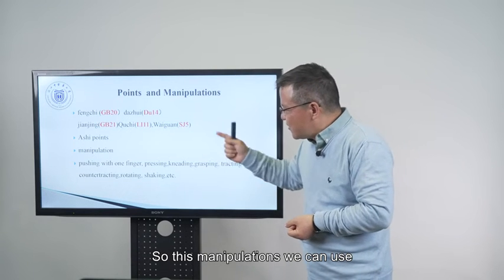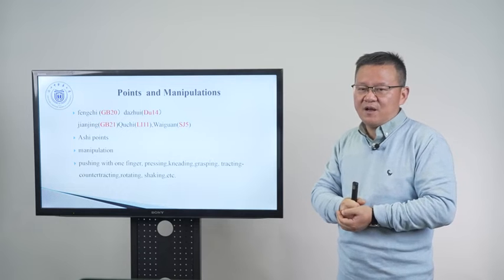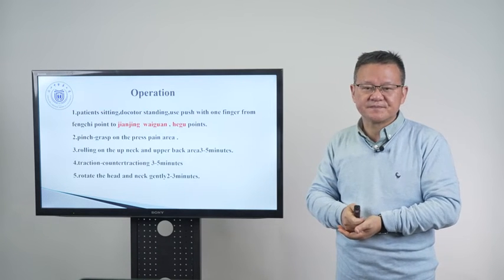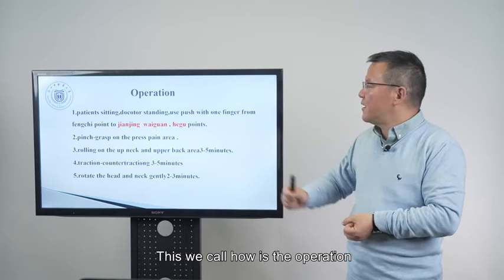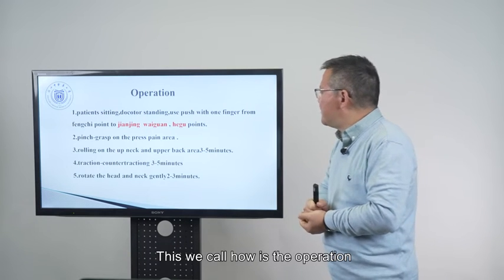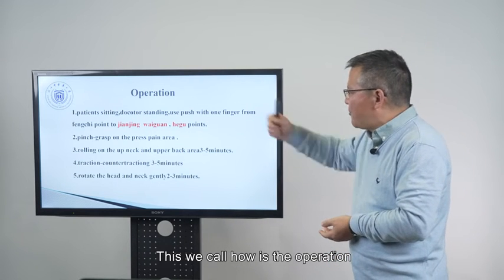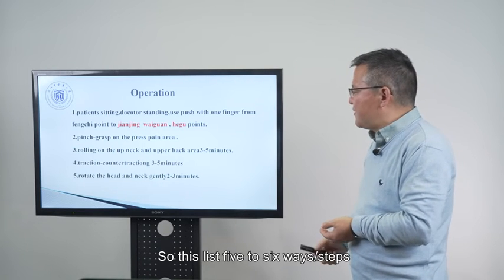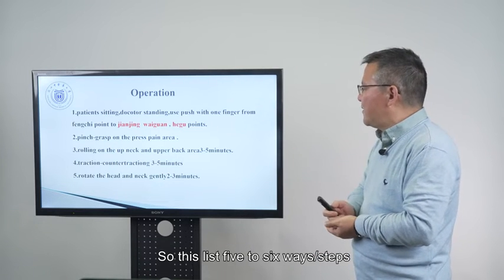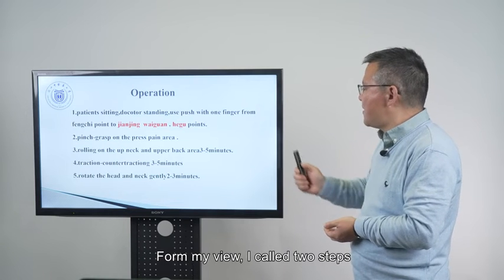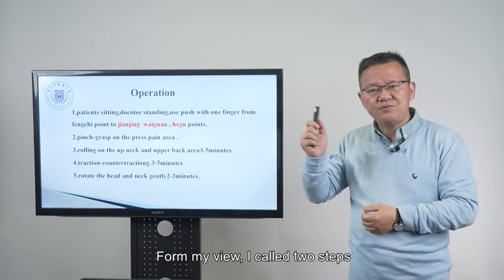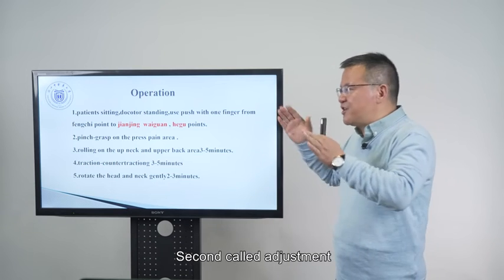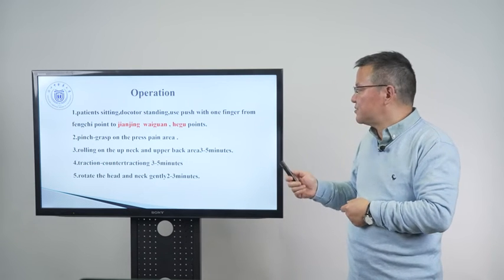How to operate, I will show you later. Now, this is how to operate. I divided it into five to six steps, but from my view, there are two steps. First, relax. Second, adjust. Two ways.